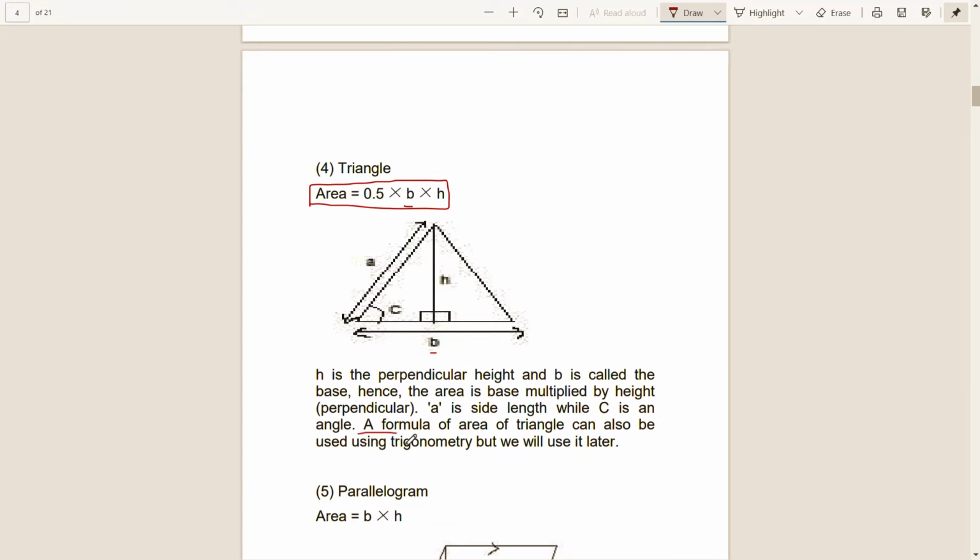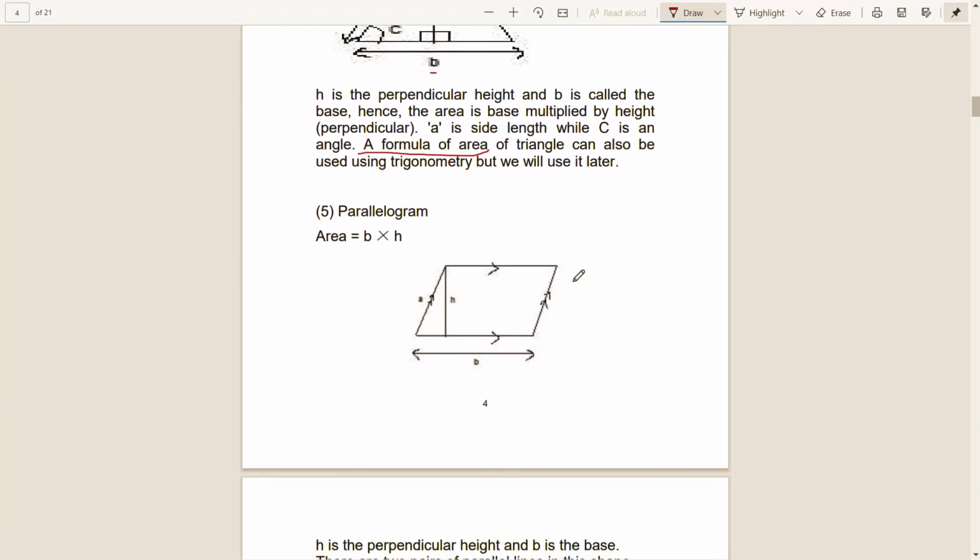The formula for area of a triangle can also be used with trigonometry, but we will use it later, where sides A and B and angle C will be used, that is, area is equal to 1 over 2 AB sine C. But we have not done trigonometry; when we do it, then we will use that formula. Right now, area of the triangle is 1/2 into base into height.